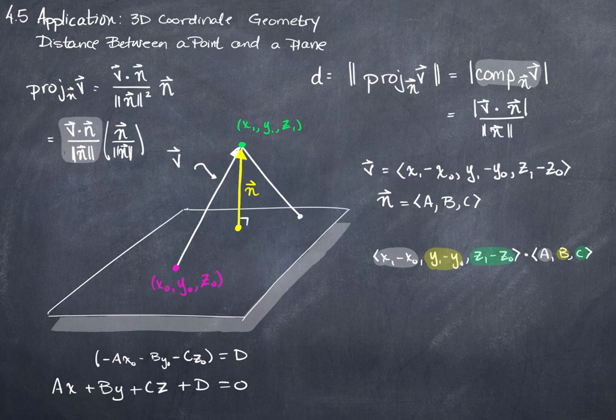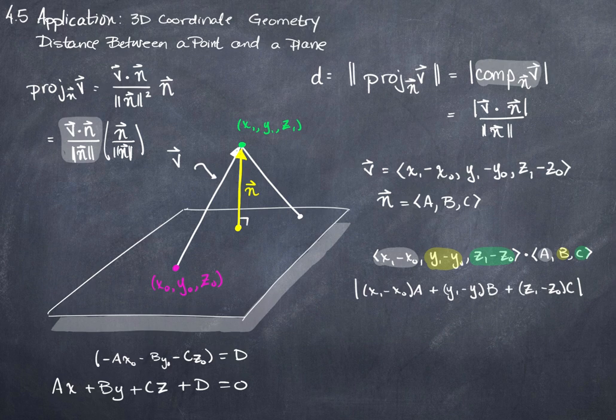Once we have those products, we're going to add them together. So I have x1 minus x naught times A, y1 minus y naught times B, and z1 minus z naught times C. We'll add those products together, and that is a dot product, right? So what I have now is the dot product of V with N. I need to take its absolute value.